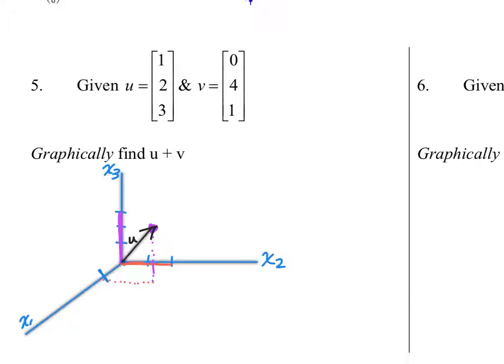All right, so 0, 4, 1. So 0 in the x direction, 4 in the y direction. So 1, 2, 3, 4 units in the y direction, and then 1 unit in the z direction.